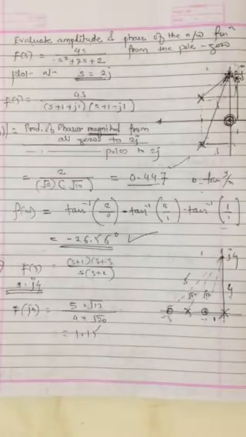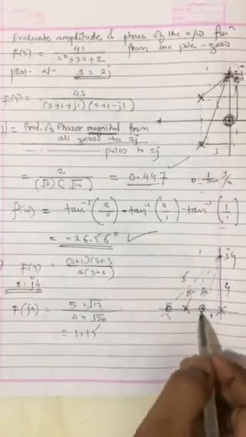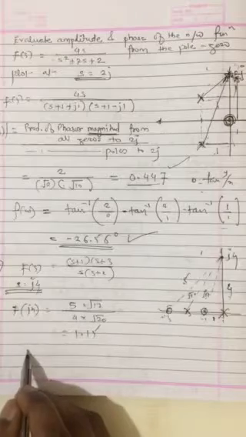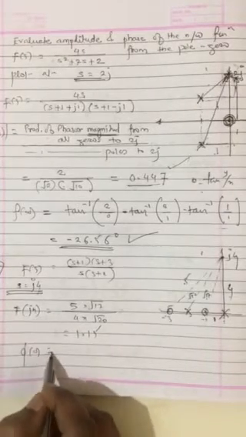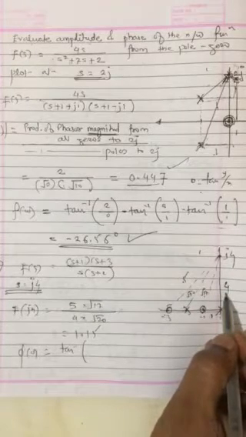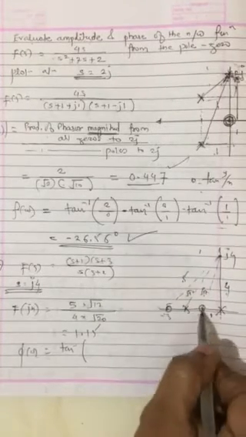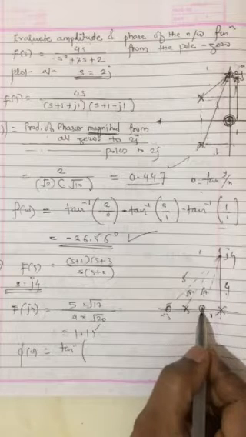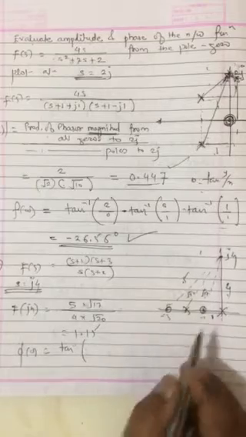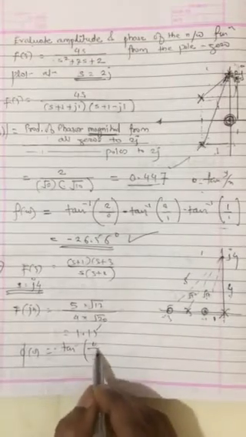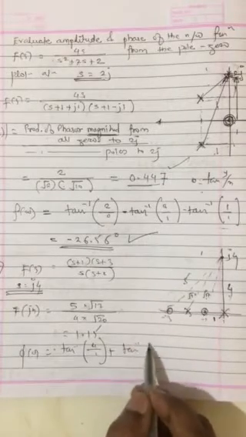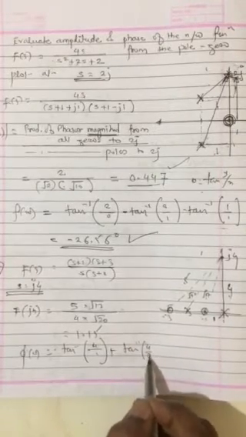Similarly, for phase you can find out for this particular zero, pole, zero, pole. I will write phi of omega equal to tan inverse of 4 by 1 for this zero, because for zeros we take positive, plus tan inverse of 4 by 3 for the other zero.